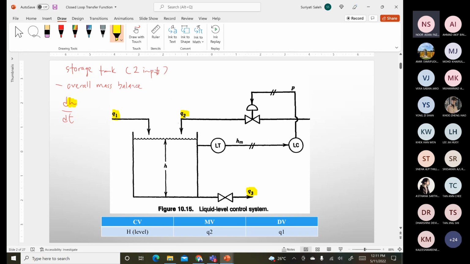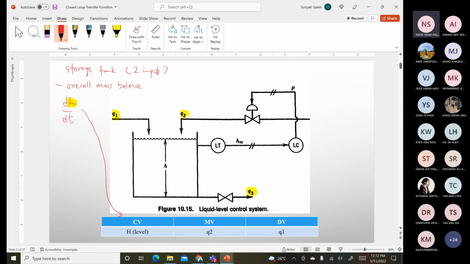So when your level is going to change, that means we need to have a control system in order to maintain the level at the desired value. In this way, your tank will not overflow or become empty. Of course, based on the overall mass balance, when you develop the dH/dt, automatically this part becomes your control variable.